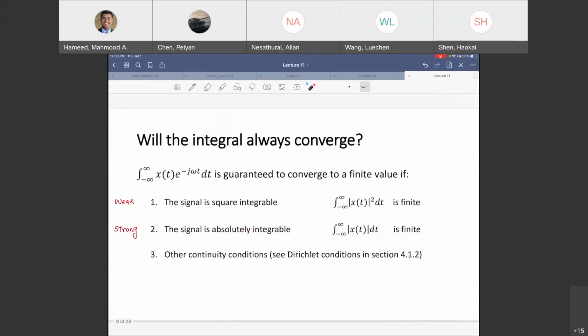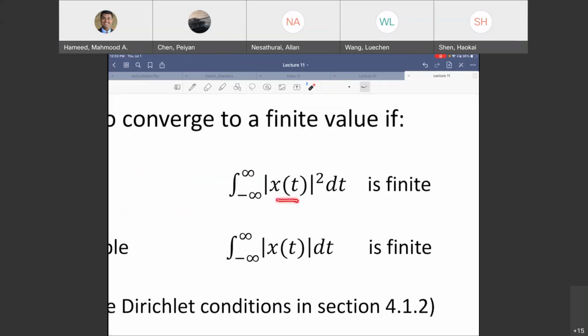Will the integral always converge? No, it will not always converge. However, it is guaranteed to converge with two sufficient conditions. There is a weak condition and there is a strong condition. The weak condition is the signal should be square integrable, meaning if you take x of t and evaluate the magnitude squared of x of t and you integrate it, what is this?